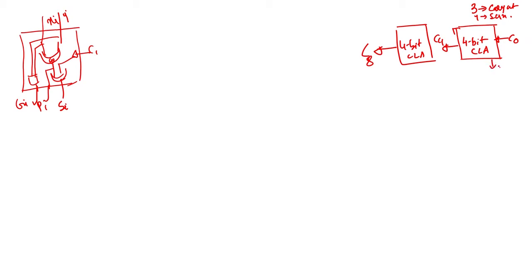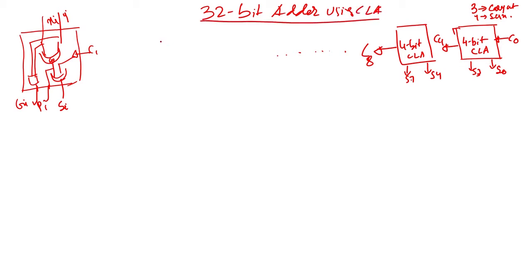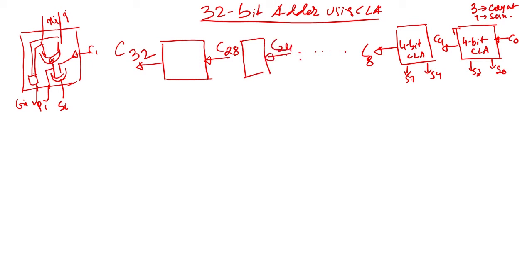Here we will get S0 to S3, here from S4 to S7 and so on: a 32 bit adder using 4 bit CLAs. The carries run up to C32, and this will feed C28, this will be C24, C20 and so on.